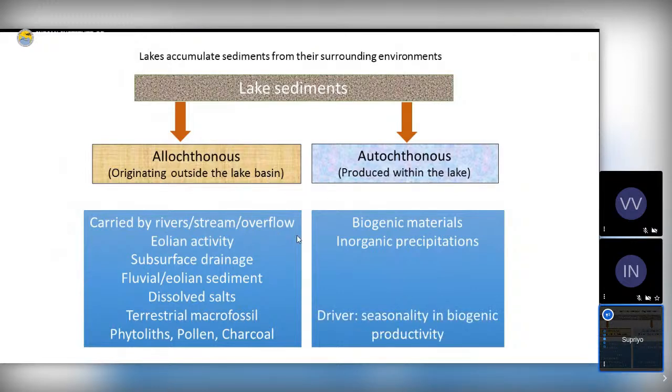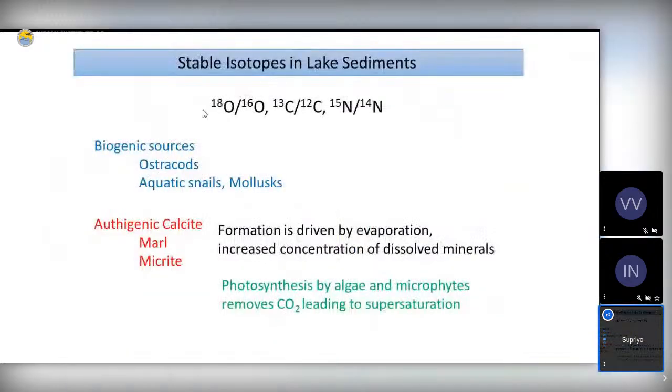For example, isotopic analysis is carried out: carbon isotopic, oxygen isotopic, and nitrogen isotopic analyses of different proxies like ostracod shells, snails, and mollusks, etc. And then the authigenic calcite, it means the calcite when it forms in situ, that is a kind of autochthonous material.